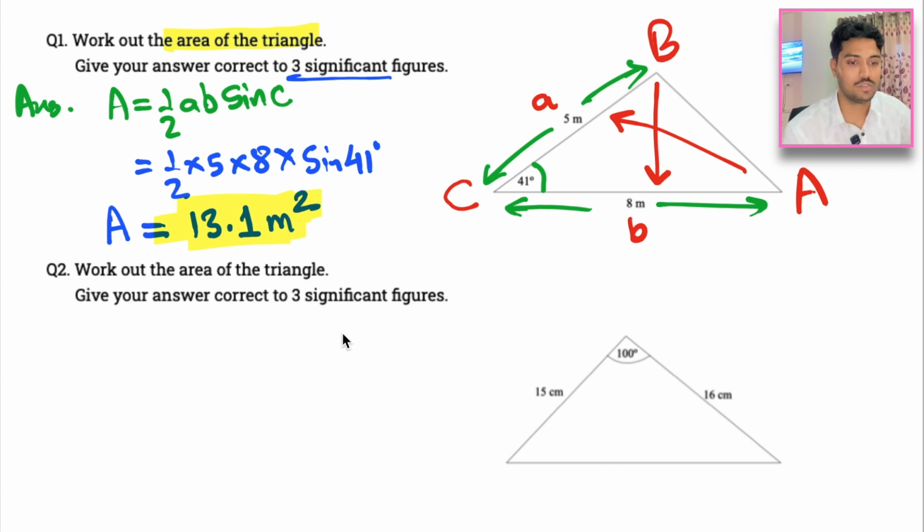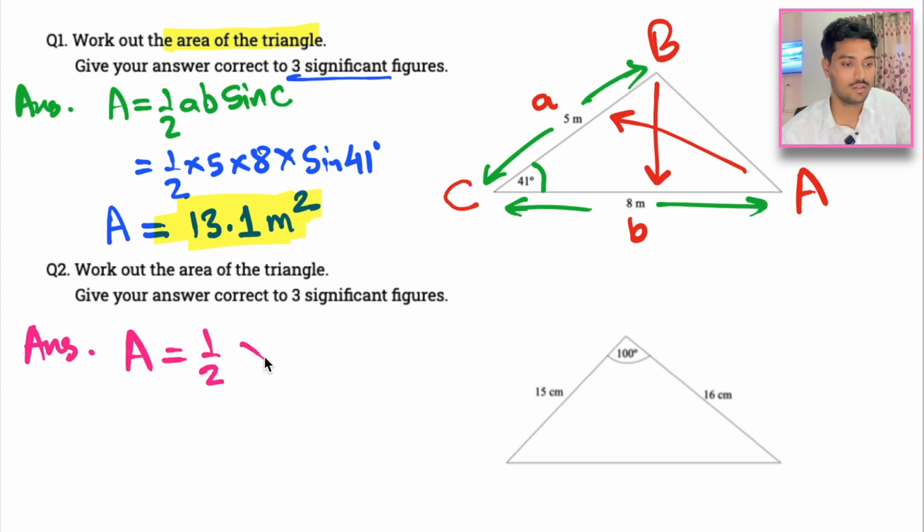Question number 2 says work out the area of the triangle, give your answer correct to three significant figures. Again, two lengths are known to us and the angle included between those two lengths is known to us. So again, we can use the same formula. Area will be half into 15 into 16 into sine 100 degrees.